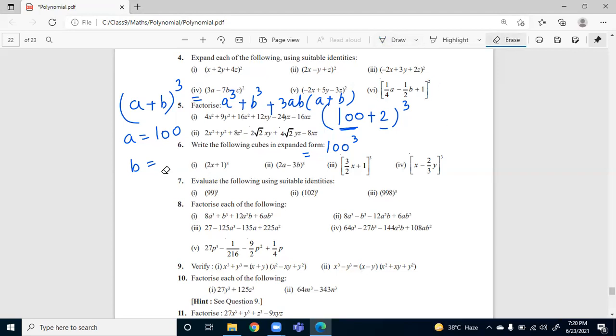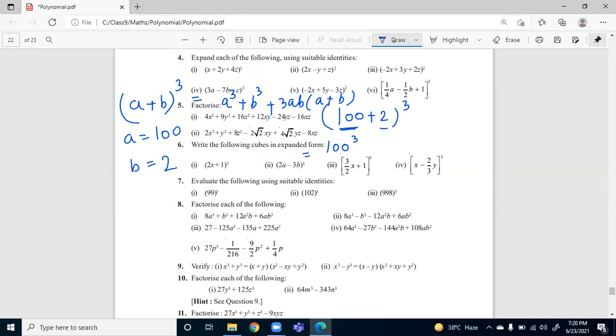So when you check the value of a and b here, what is it? Ma'am, a is 100 and b is 2. Correct. Now put the value of a and b.